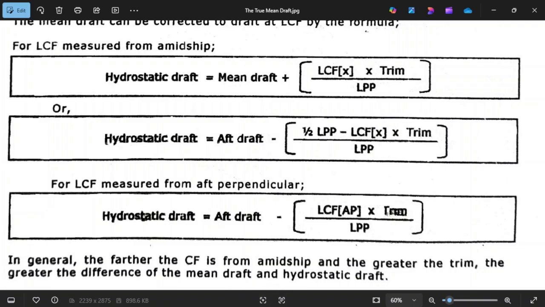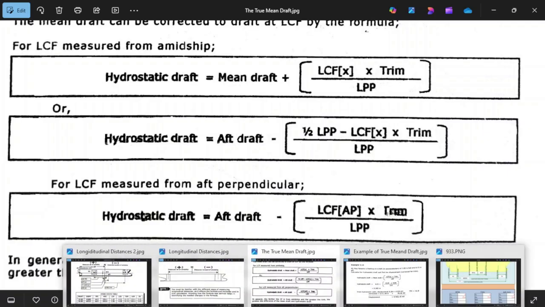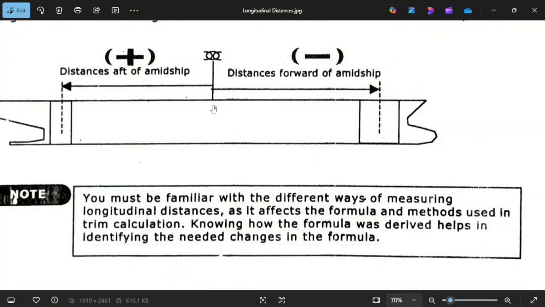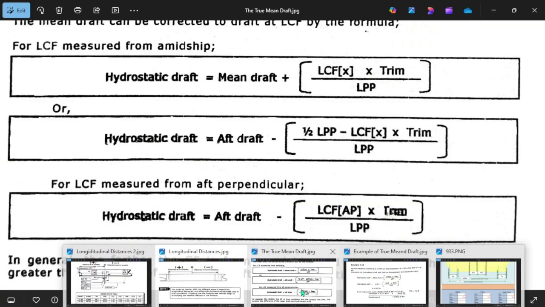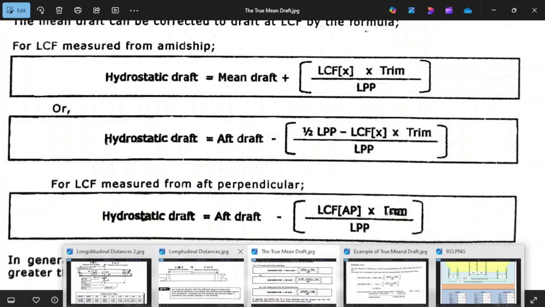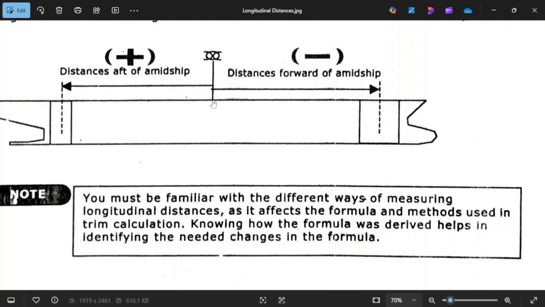So what it means here is, if your center of rotation is very far from the midship, then there will be a big trim.